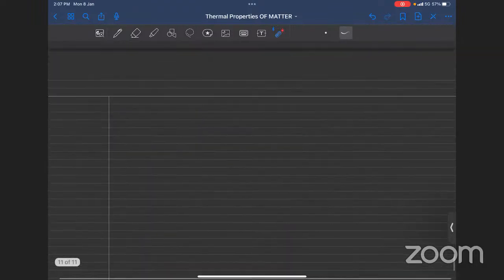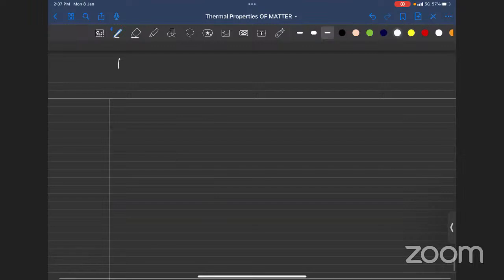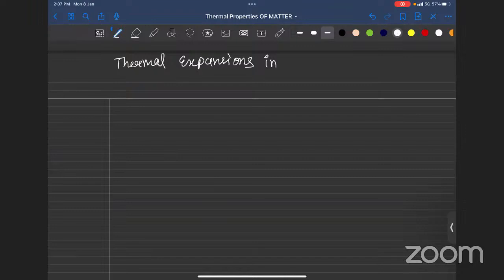Okay. Now let us understand thermal expansions in solids.